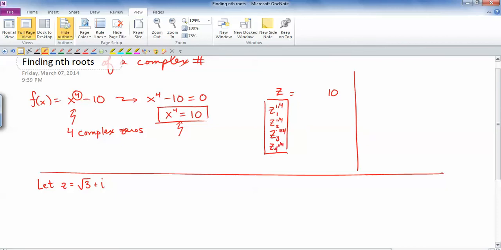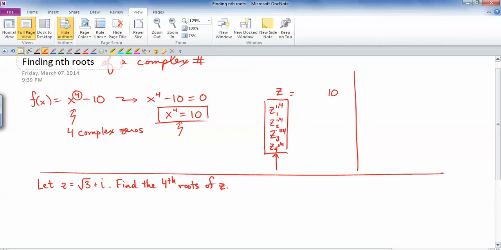So now what I want to do is figure out, well, how do we get all these? So we're going to let z equal root 3 plus i, and we want to find the 4th roots of z. Okay, so that means z to the 1/4, and there should be 4 of them.